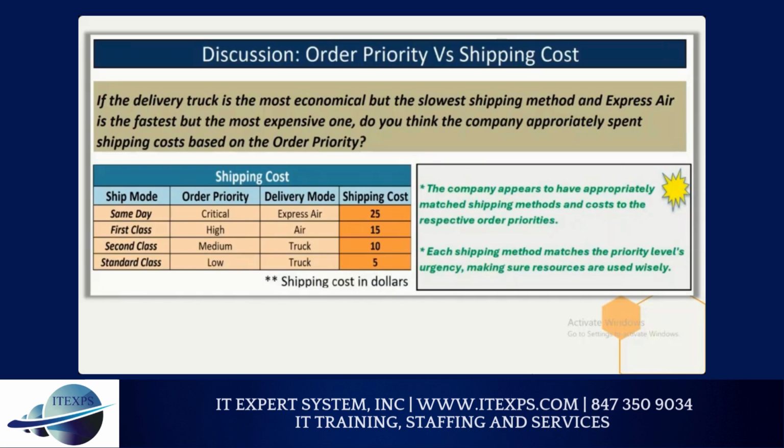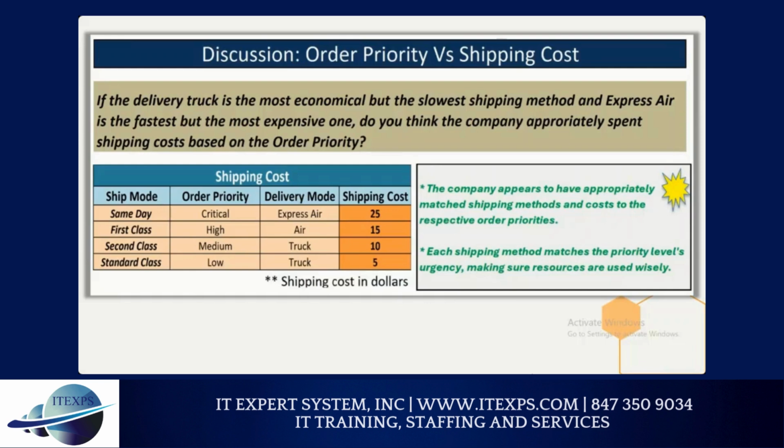Then we have the discussion question with order priority and the shipping cost. The question is about whether the company has used the shipping cost wisely based on the order priority. With our assumption and the order priority, we know that the standard class has the minimum cost and the same day has more cost.